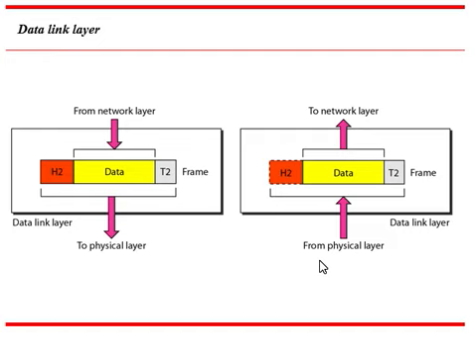On the other hand, the physical layer at the receiver forwards the information to the data link layer, and the data link layer opens this frame and forwards it to the network layer.